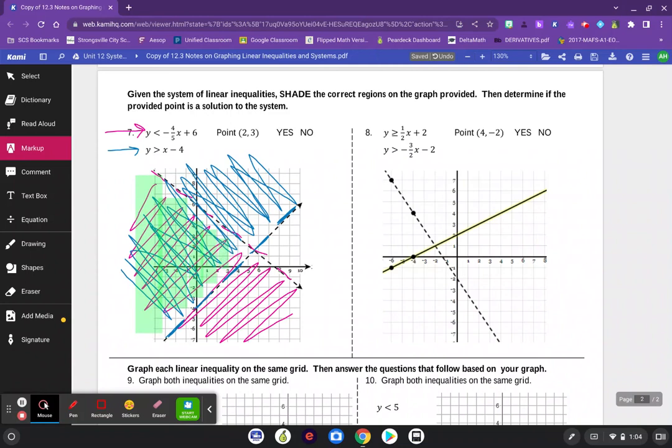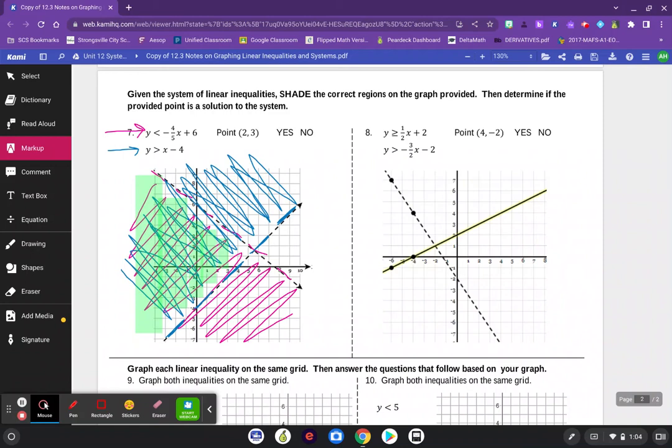Remember, for systems, the solution is the points that are in common to both equations, the points that make both equations true. That's the same thing for inequalities. It's just that inequalities have many points in common because inequalities look at these shaded areas. And any point in the shaded area makes that inequality true.